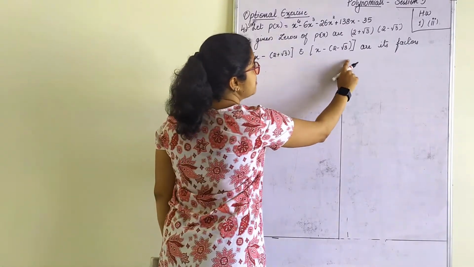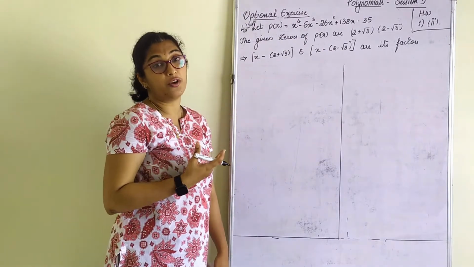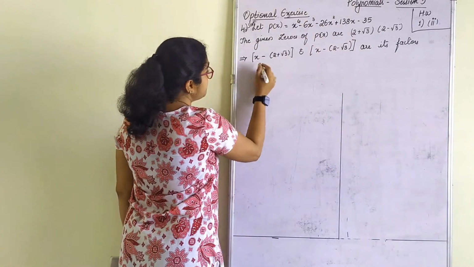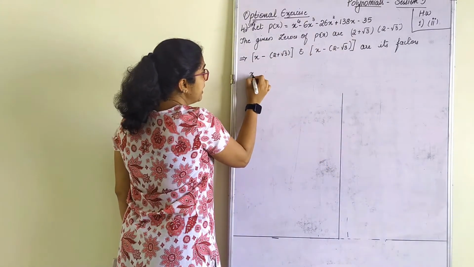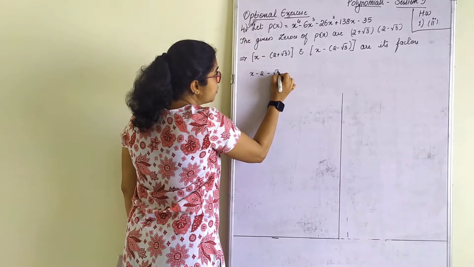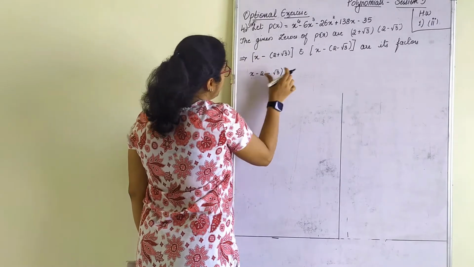Let us first simplify. Here we have to simplify the factor into the simplified form before we proceed with the sum. That itself is quite heavy. Since minus is there, x minus 2 minus root 3. I'll use a bigger bracket, I'll tell you why later.